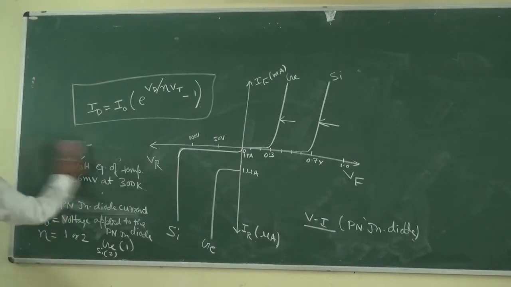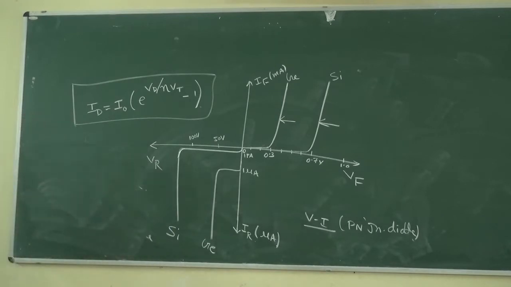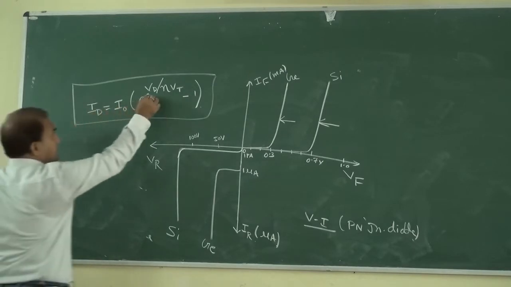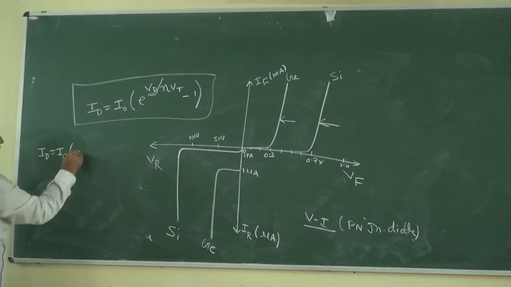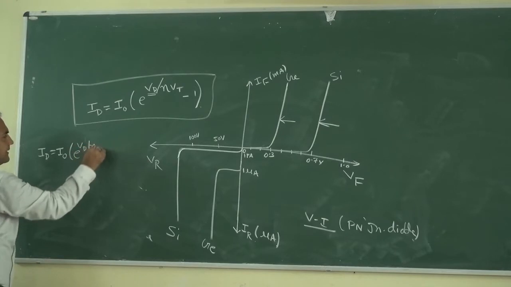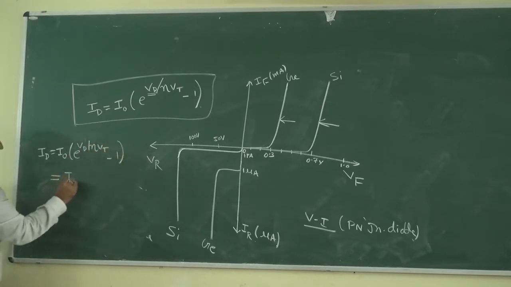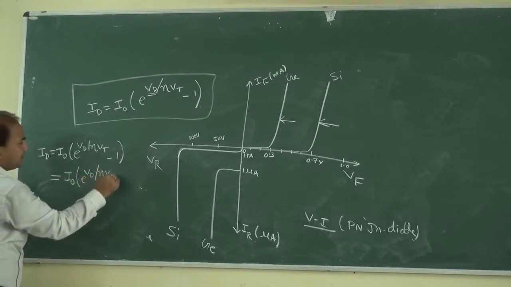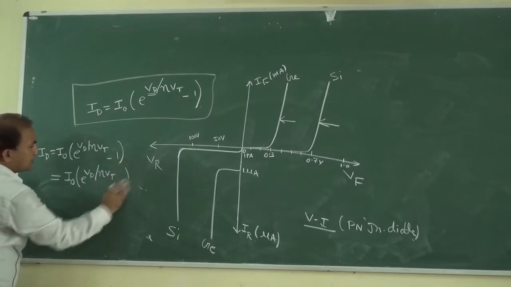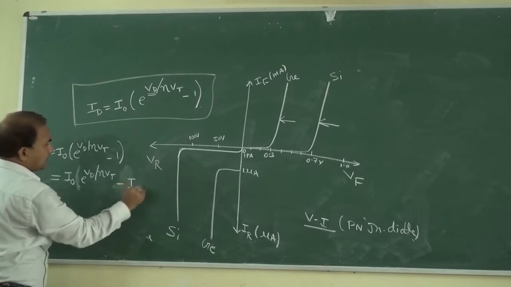Then we will see in forward bias condition, this Vd is positive. So ID is equal to I naught into e to the power Vd by eta Vt minus 1, which is written as I naught into e to the power Vd by eta Vt, minus I naught.